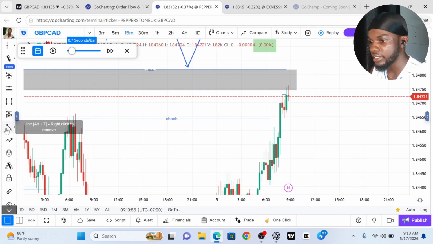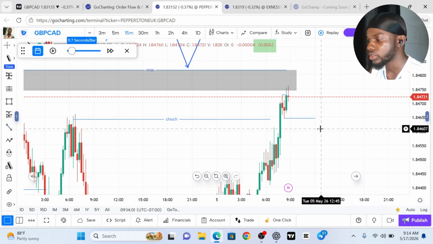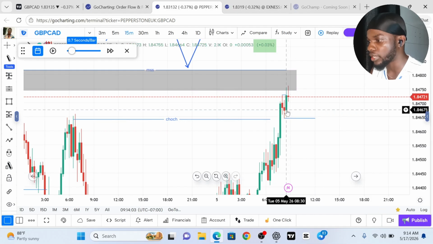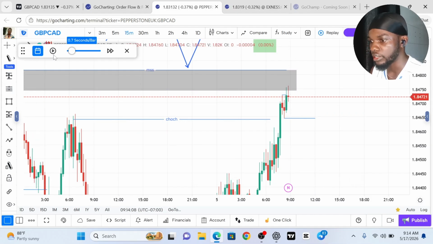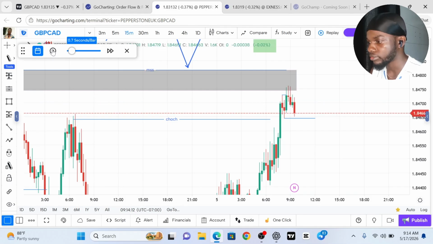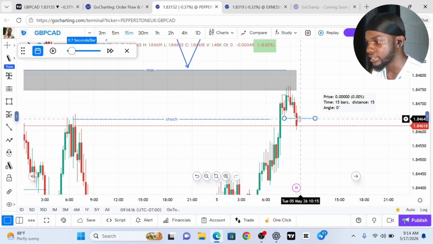Then the next thing I'm looking out for is for market to come down here and break this swing low. So once market breaks this swing low, I will now enter with this key level right here. So that is what I'm waiting on. Let me play the price and see what happens. Boom, the market has broken this.